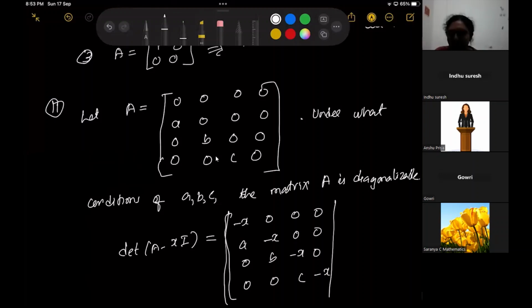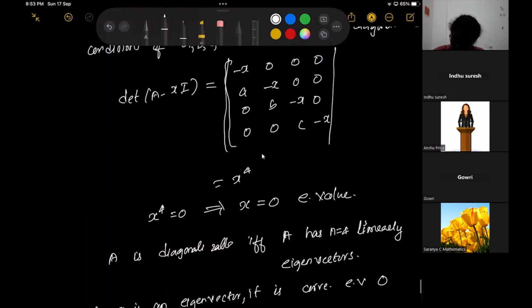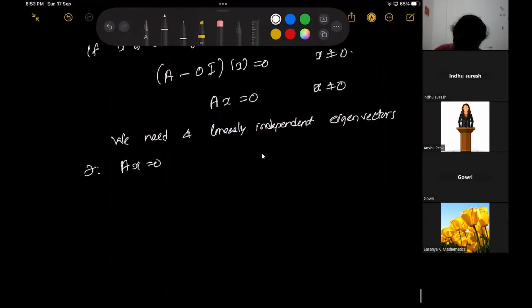It is possible, but under what condition? See, if a, b, c are 0, it is possible. Otherwise, it is not possible. Let me explain a bit more.